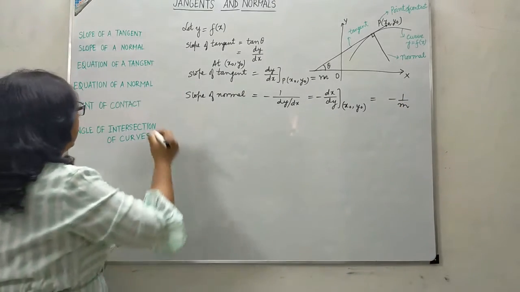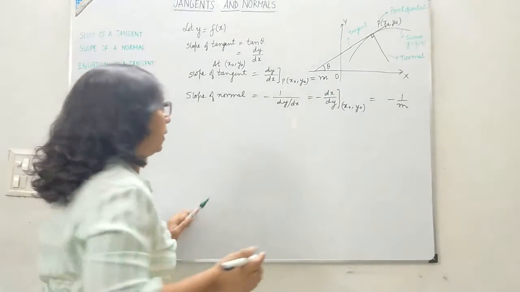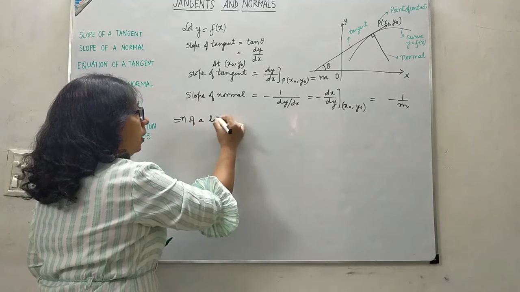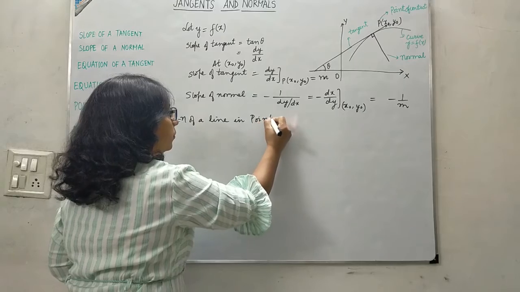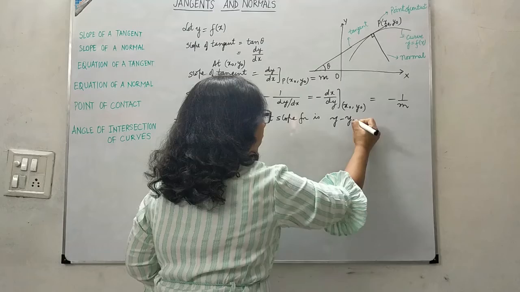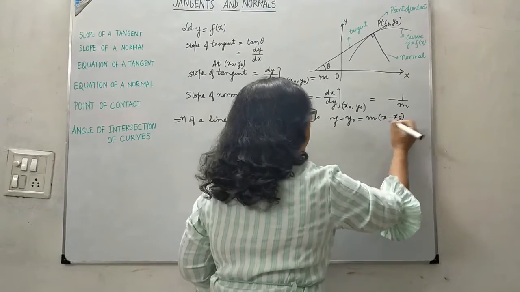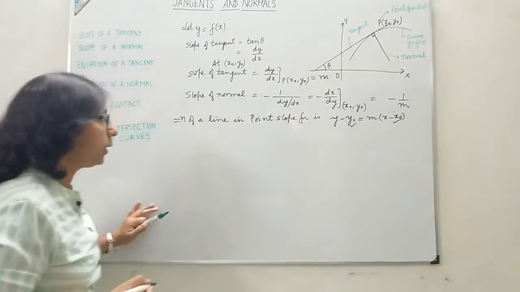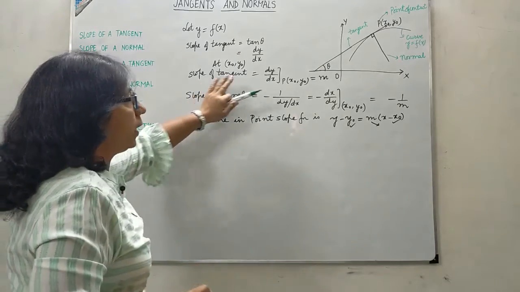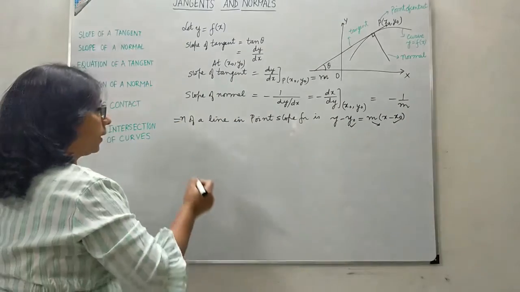So next we'll have equation of a tangent. Now we have studied in 11th standard the point slope form equation of a line. Point slope form is y minus y0 equal to m times (x minus x0). Here the point (x0, y0) is the point lying on the line and m is its slope. Here also we are given the point of contact as well as we have got the slope of tangent as n.